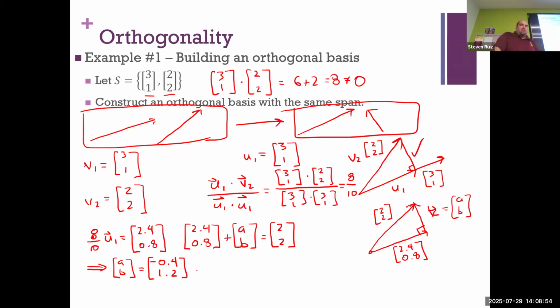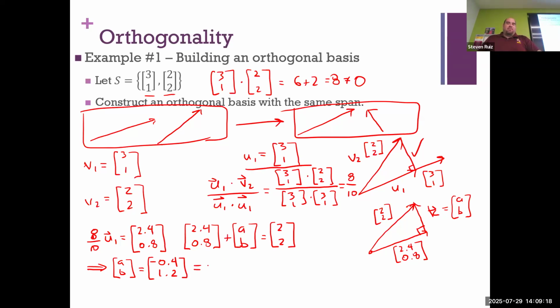Okay, so now that we have values, let's take stock of what I said the whole point was. We wanted to replace this basis with a new basis whose vectors were orthogonal. Let's make sure we actually did that. So we said that U1 was equal to 3, 1.